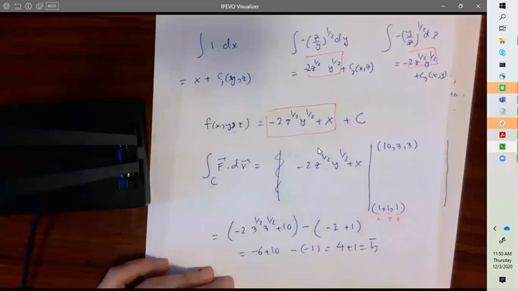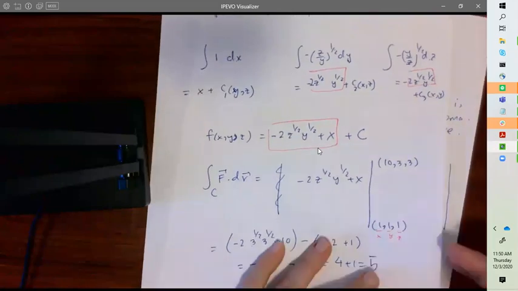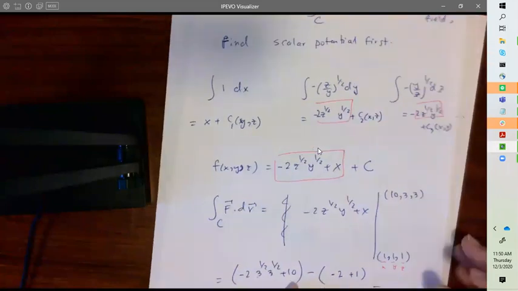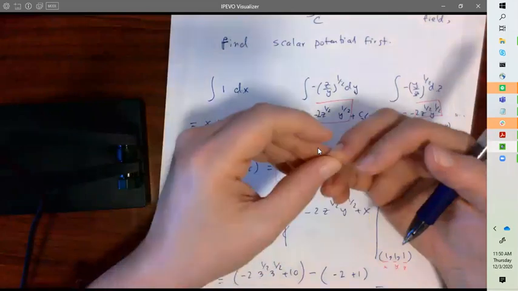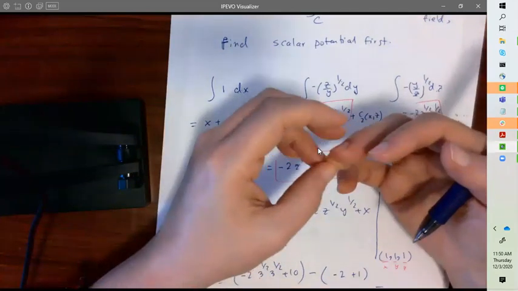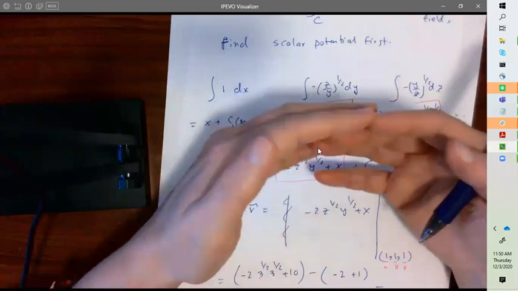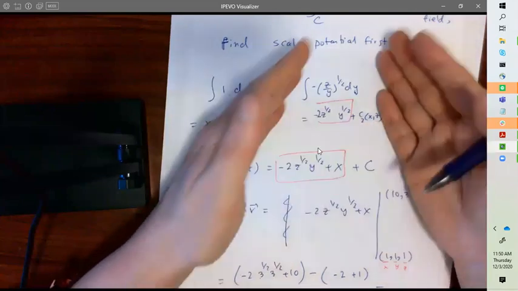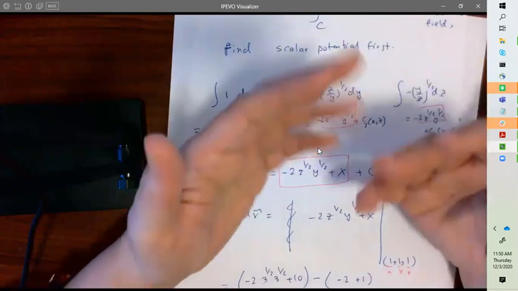Did that make sense? Yes, it did. Was that easier? Because as soon as it tells you any path, you're starting to think, am I able to do that? Does it make sense to use any path? When does it make sense to use any path? When the vector field is path independent.